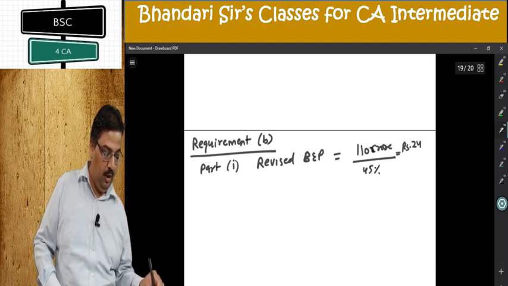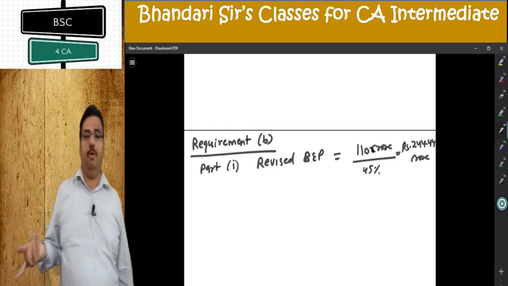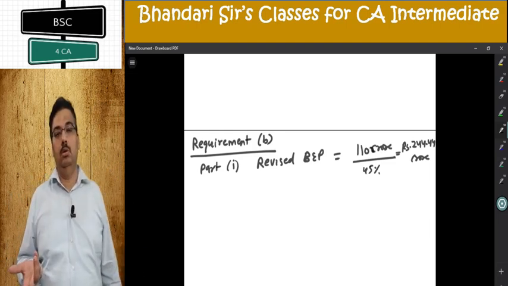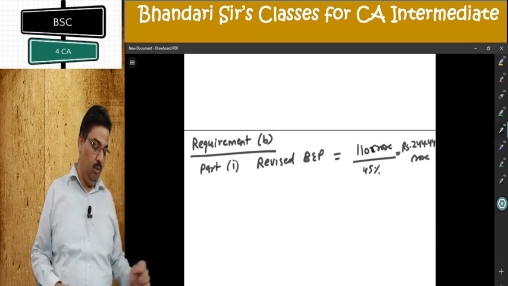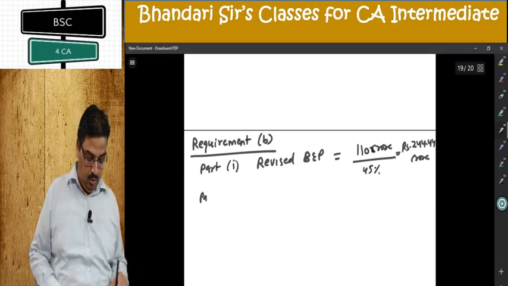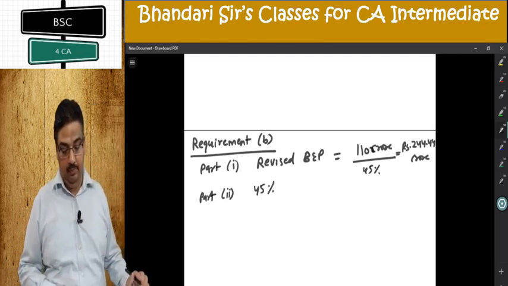Once you compute, you get 244.44 crore. Revised fixed cost, eliminate the desired profit. Simple formula, same formula. Revised fixed cost divided by revised PV ratio. From there I am getting 244.44 crore. Part 2, I don't need to explain. 45% we have been using many times in this question already.